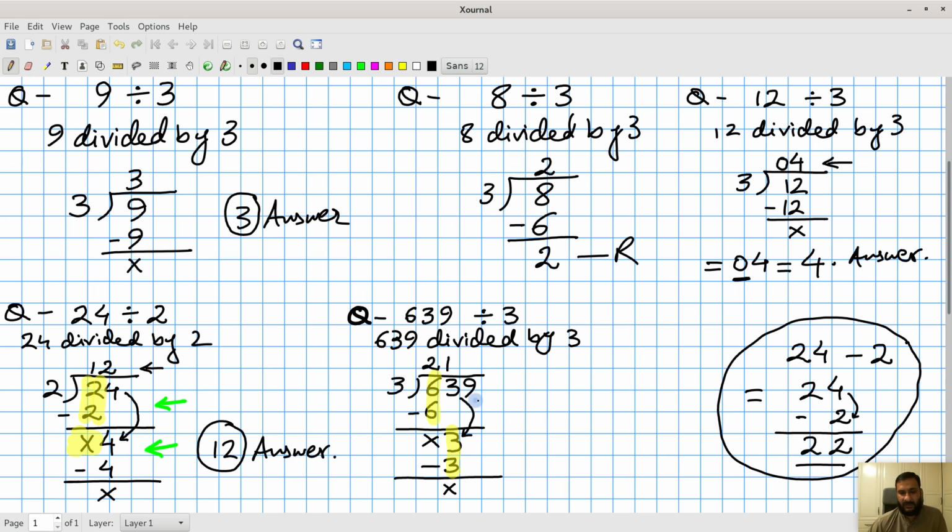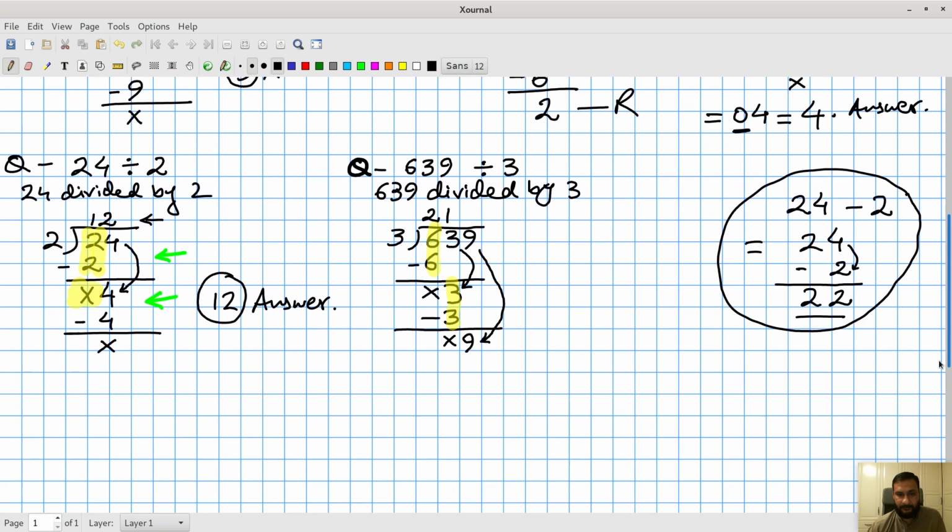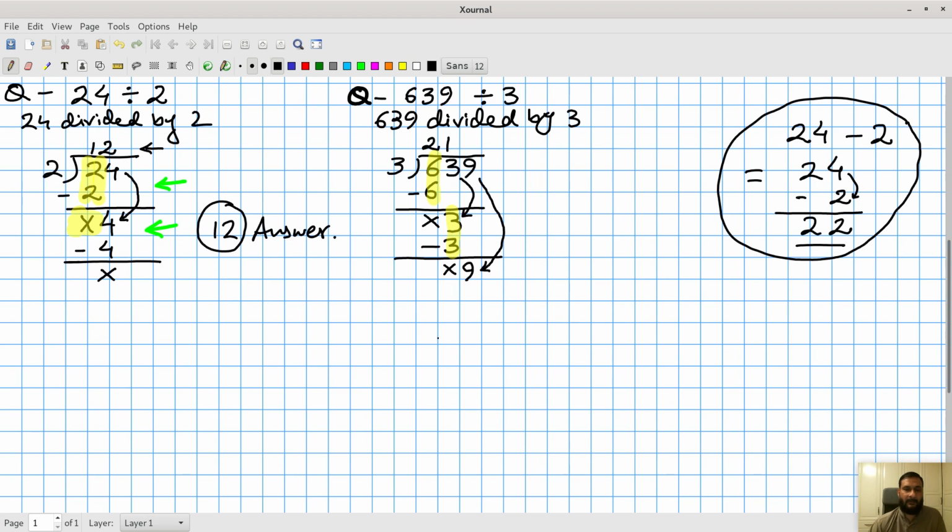And now we check if more digits are left, and yes, they are left. 9 is left. Okay, so now it's time for 9 to fall down to this position below. Here. So we bring this 9 to the next level, right? Good. And now we check if this 9 is greater than or equal to 3. It is greater than.